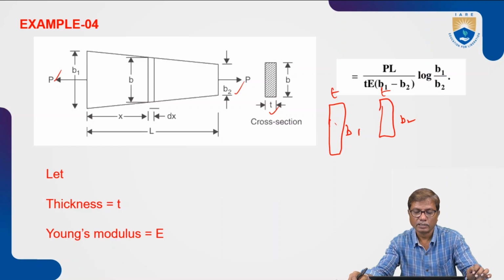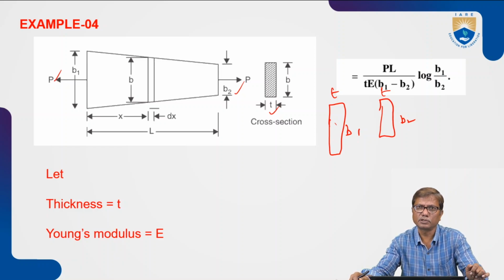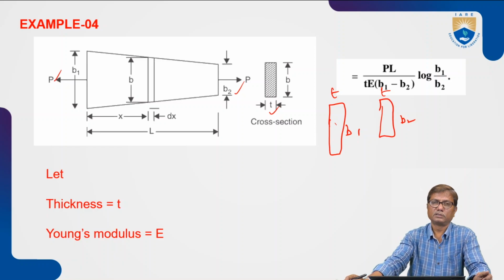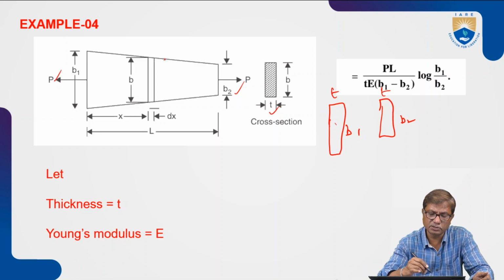So how to solve this type of problem? A tapering bar of length L and the cross section varying uniformly from one end to the other end. Here the cross section is rectangular, varying from B1T to B2T from left end to the right end respectively.